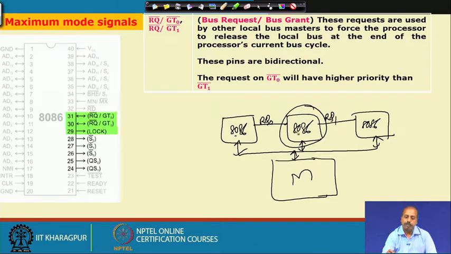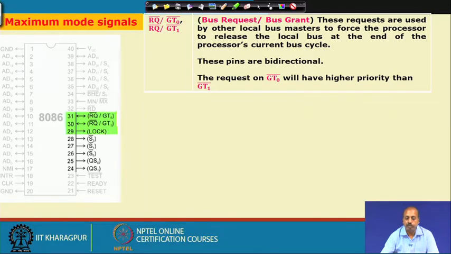If it is granted, then this processor will be allowed to access this memory, and this bus will be controlled by this first processor. On the other hand, if this other processor needs to use the bus, it will send a request on the RQ1 line, and if it is granted, it will use the bus. So, this is how the request and grant lines work, just like hold and hold acknowledge in the case of minimum mode of operation.